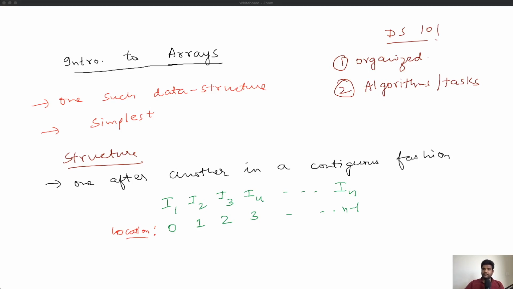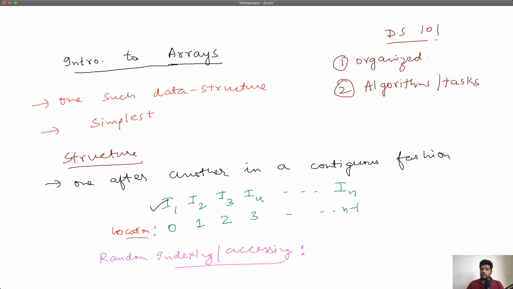The biggest benefit that you get by doing that is something that we call random indexing or random accessing, which means that you can access any element of the array in one go if you know the location. If you know the relative location from the starting of that particular item, you can just access it in one go. What do I mean by that?